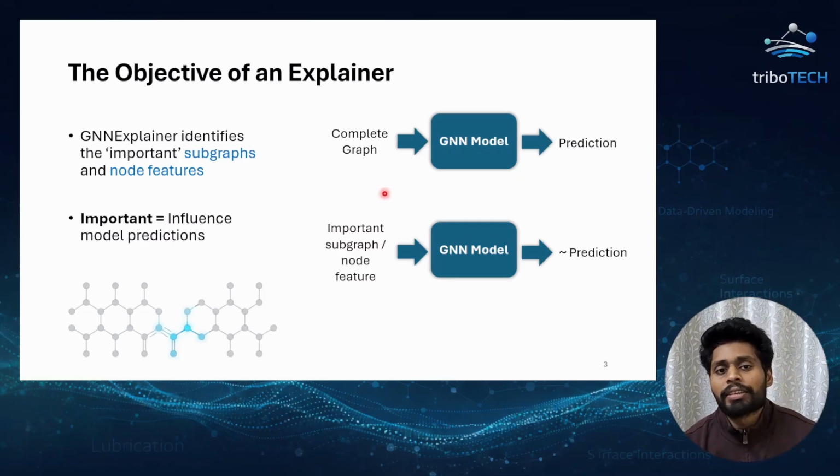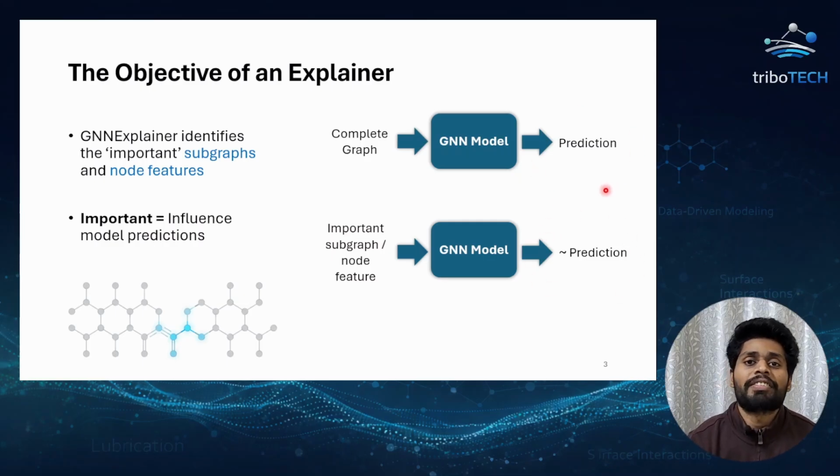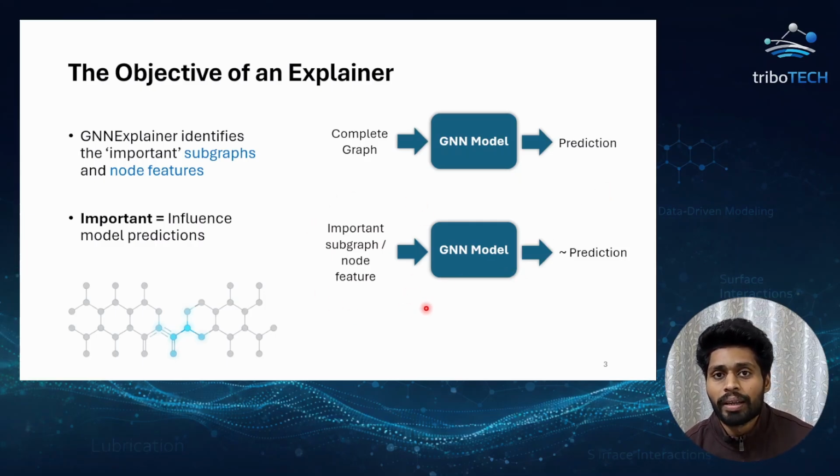That means if we are inputting the complete graph in the GNN model, the model will make some prediction, right? Now, when we input these important substructures like subgraphs or node features into the GNN model and not the complete graph, then also the predictions are closer to the original prediction. So this basically signifies that the structures that we are entering into the model are significant, they are important, right?